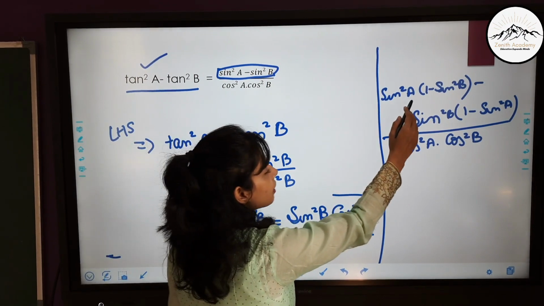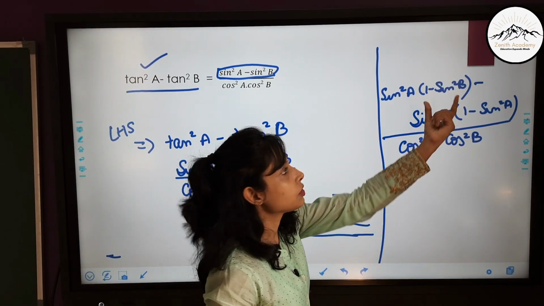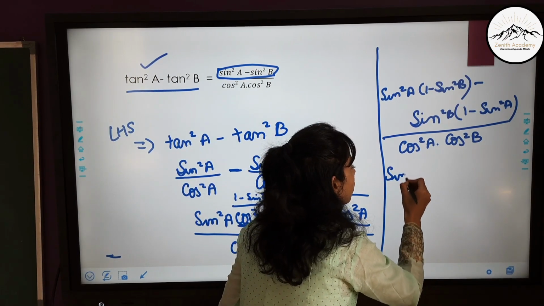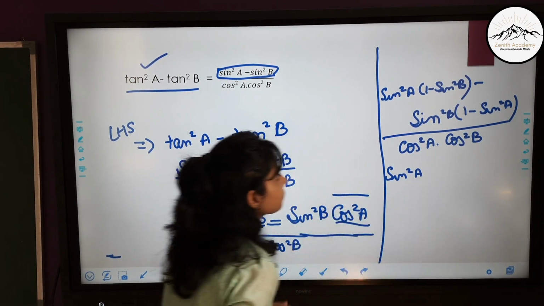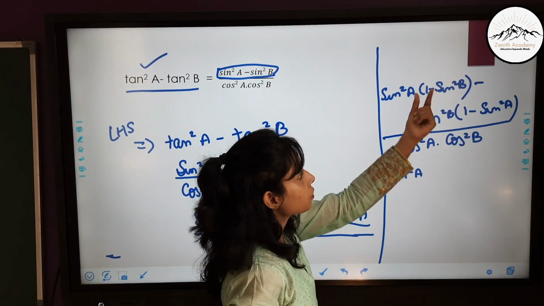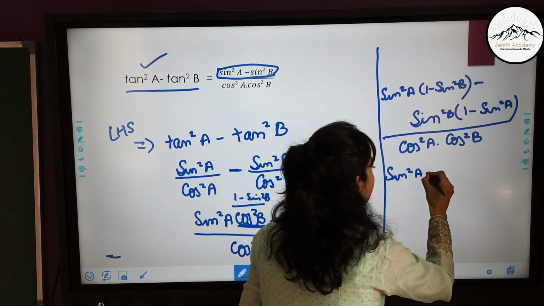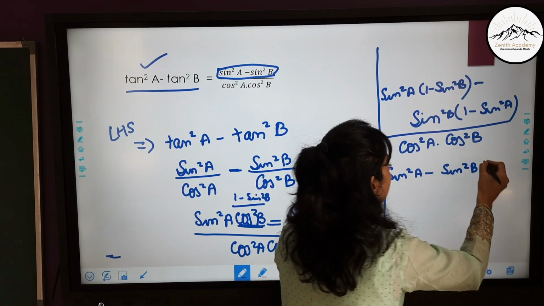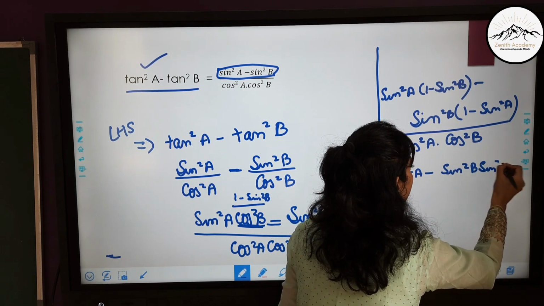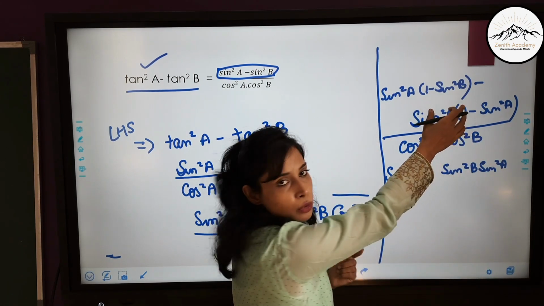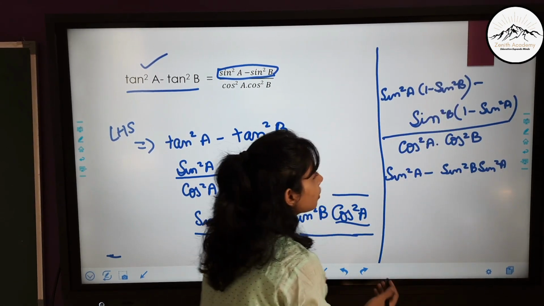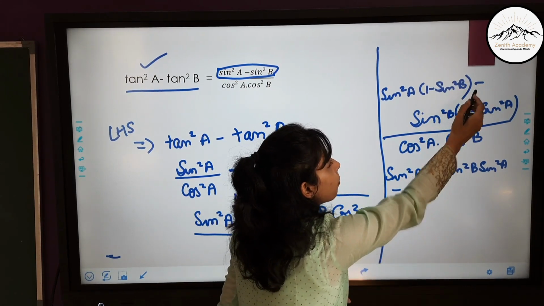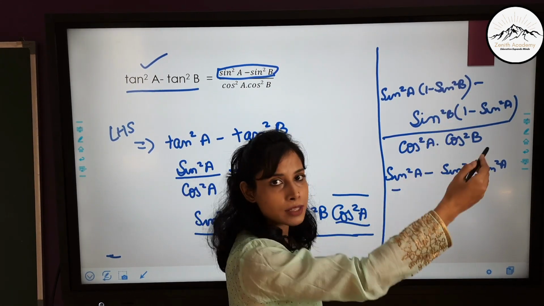Now what we can do is just open the bracket, multiply and solve. So sine square A into 1 is sine square A, minus sine square B into sine square A. This is sine square A into minus sine square B. Now please be careful, this is minus sine square B into plus 1.